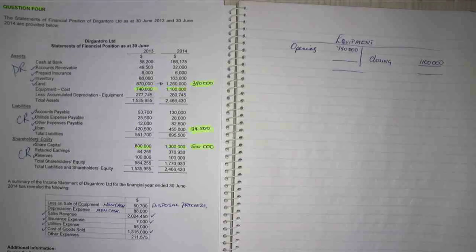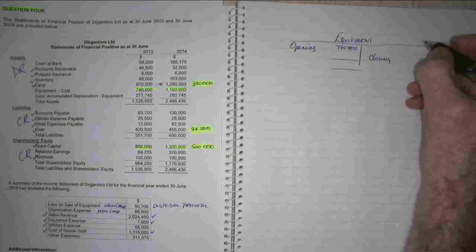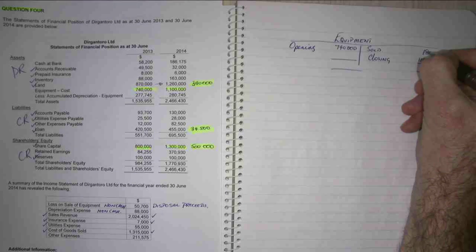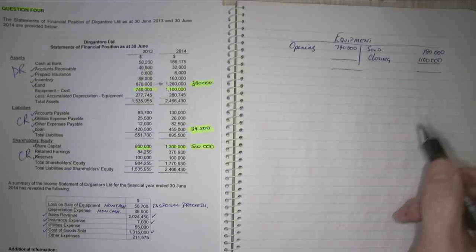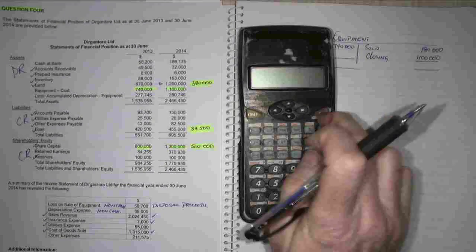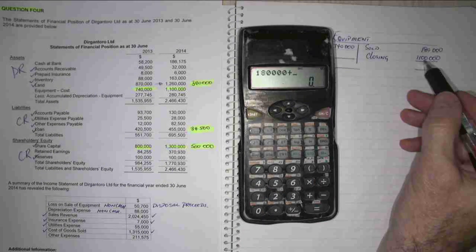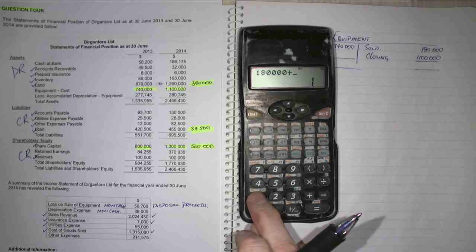I actually sold, because it tells me I sold $180,000 worth. So that's going to reduce my equipment. So what's that to? Here we go. 180 plus 1,100,000.